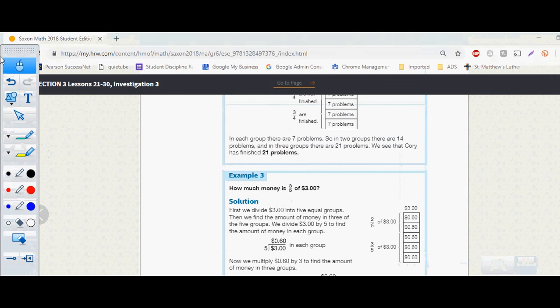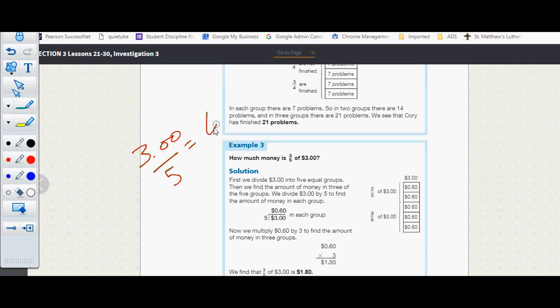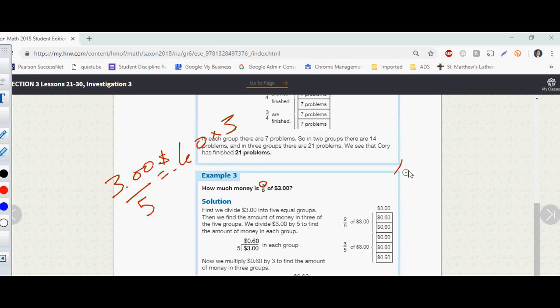How much money is 3/5 of $3? Again, take $3, divide it by 5. That's 60 cents. Multiply by what? Numerator. 6 times 3 is 18. So 60 times 3 is 180 or $1.80.